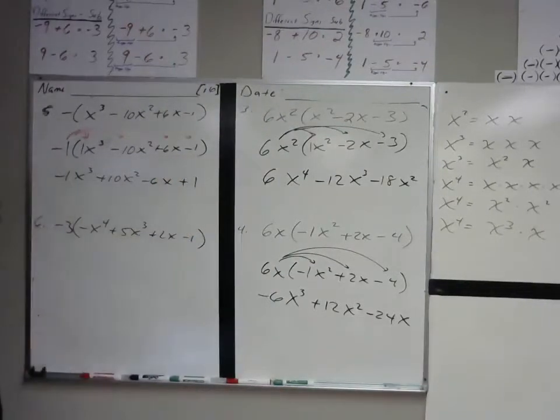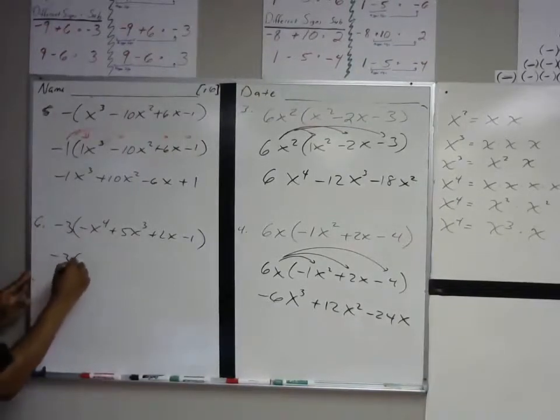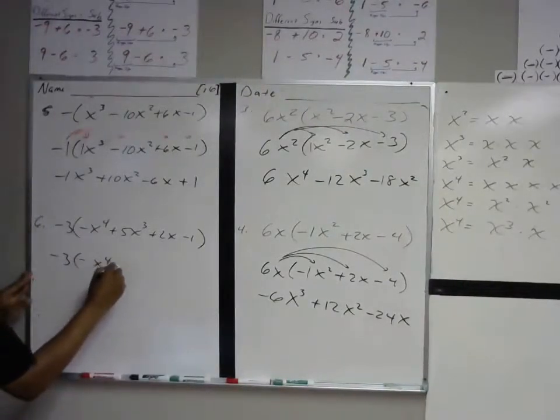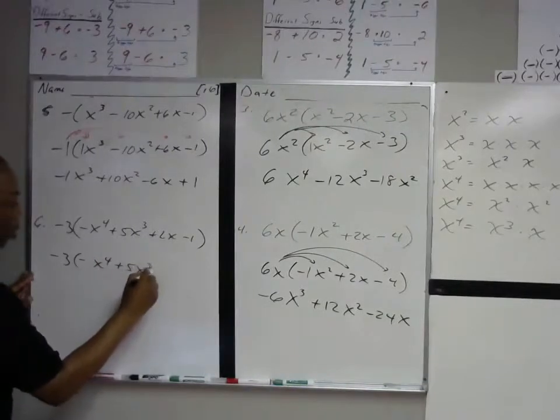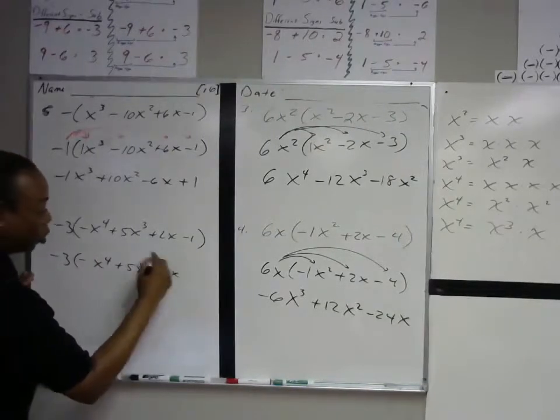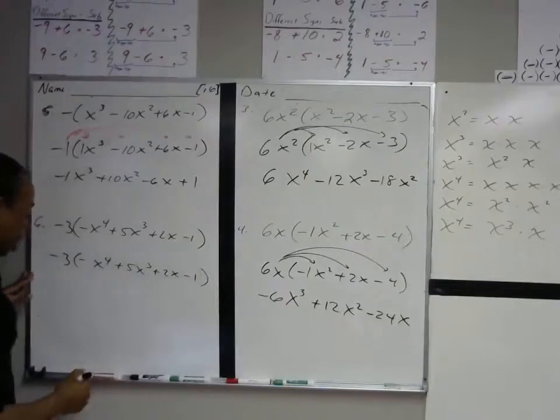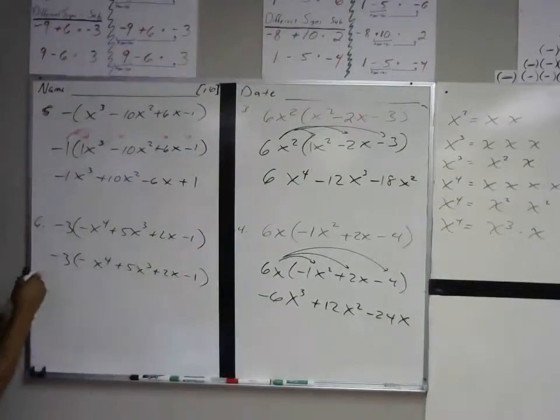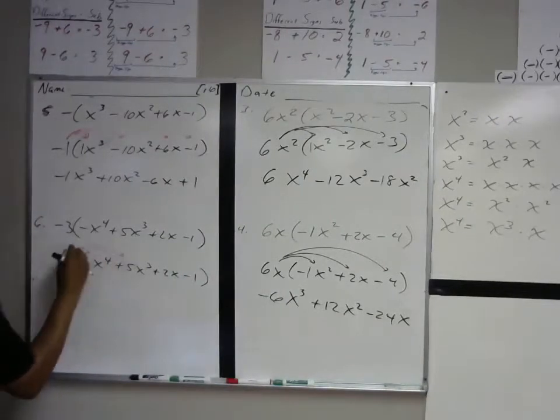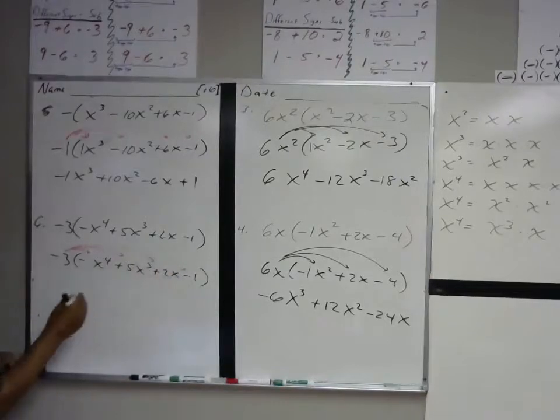Let's finish. Okay. Again, we're going to write the problem preserving the integrity of the original expression. Now I'm going to distribute by -3 here, here, here, and there. I'm going to add a 1 here.